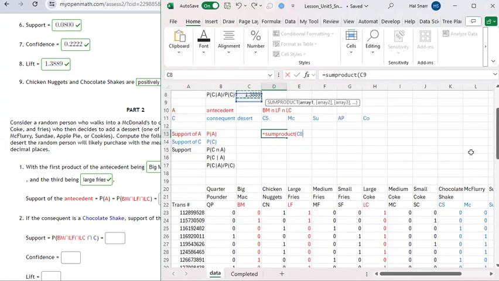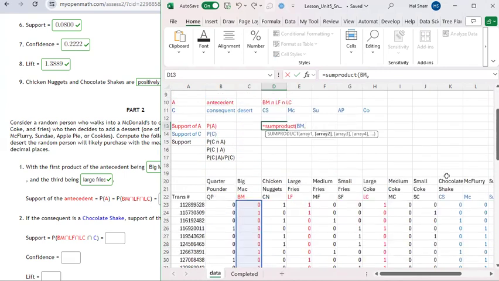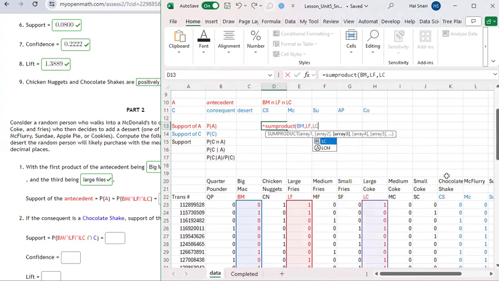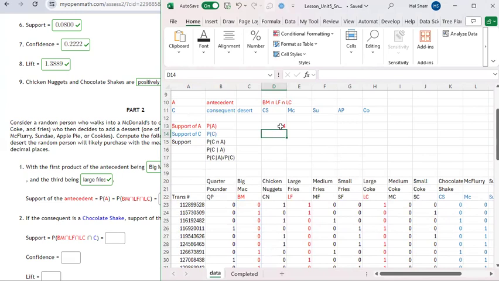So we know the sum product is going to be at least 1, right? We're going to type BM, comma, LF, comma, LC. We're going to multiply the 1s and the 0s in each row. Then we're going to sum those products, right? And we get a frequency of 4.